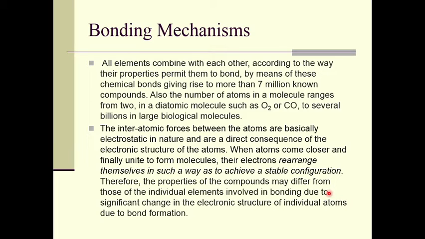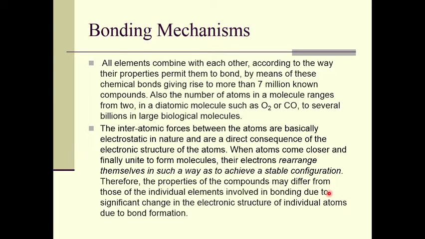When atoms come closer and finally unite to form molecules, their electrons rearrange themselves in such a way as to achieve a stable configuration. That means when two atoms come closer, they arrange themselves in such a way that they can achieve the stable configuration that we are going to study.